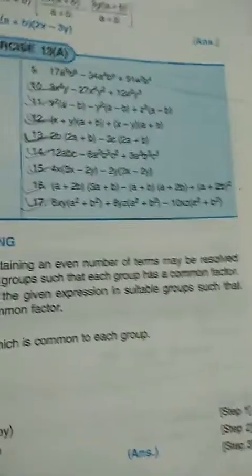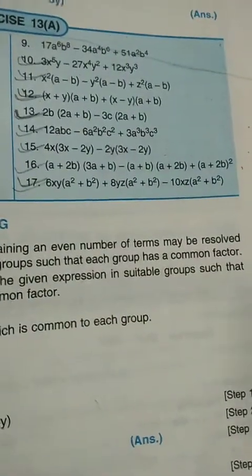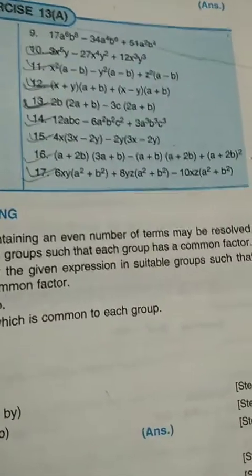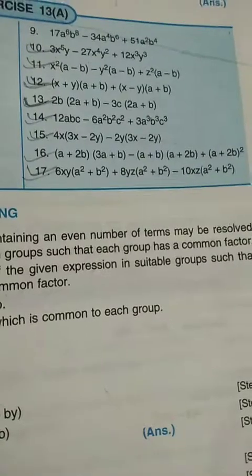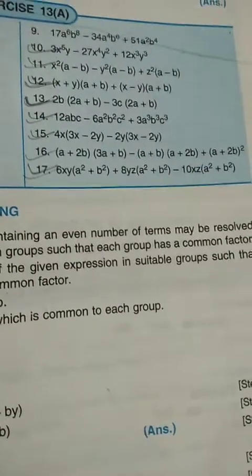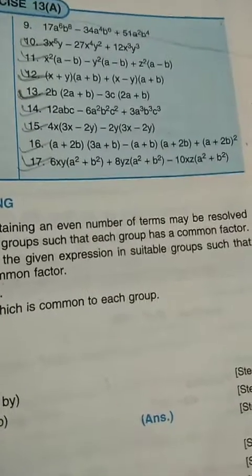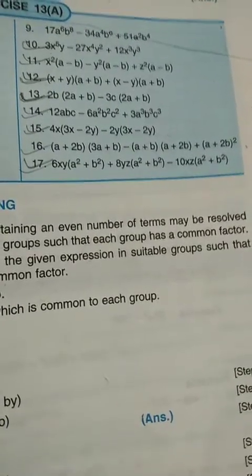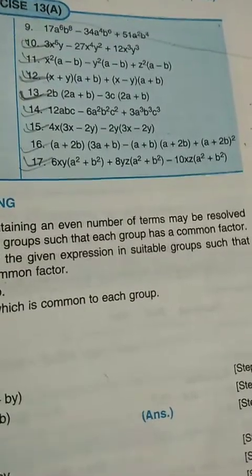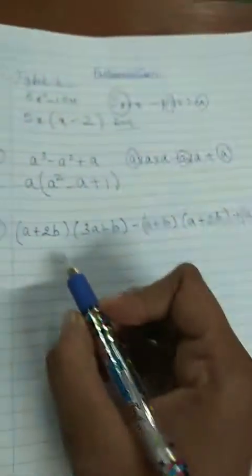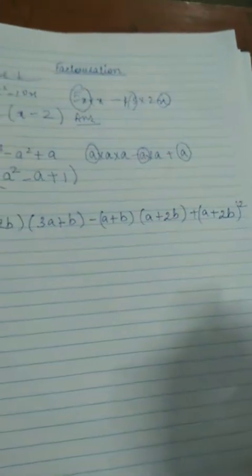Now we can see question number 16 also. It is written here: a plus 2b into 3a plus b, minus a plus b into a plus 2b, plus a plus 2b square. Now from here you can see, students, that a plus 2b is common throughout.